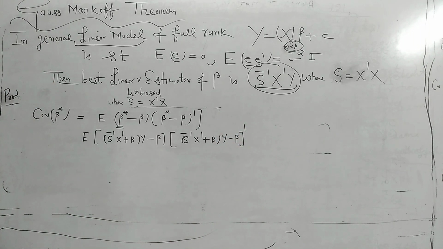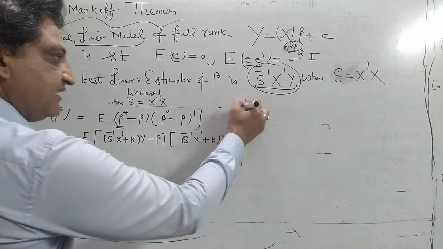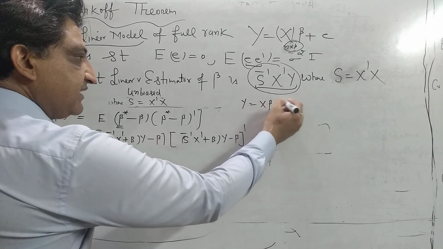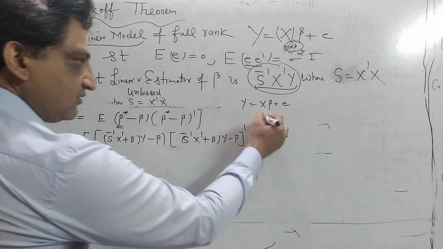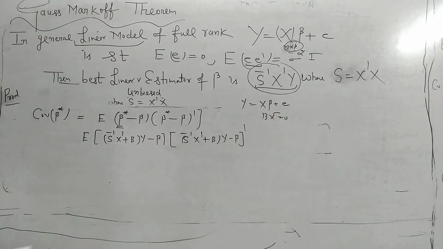Okay, I will try to simplify this because Y is equal to X beta plus epsilon, and another property is that bX is equal to 0. This is also given to us. So I will use these two properties to prove this thing.